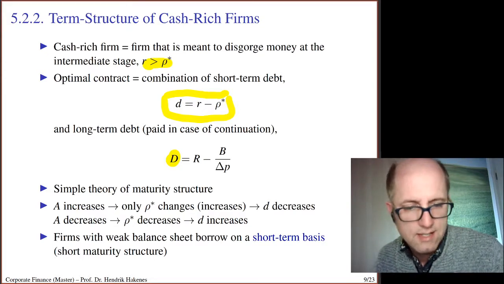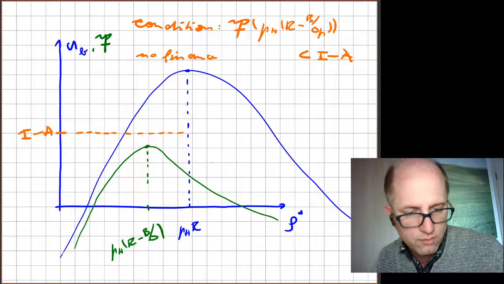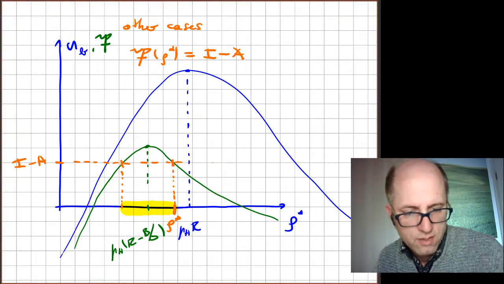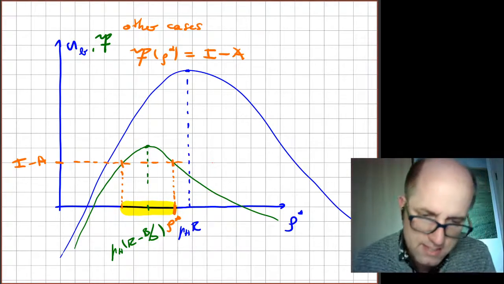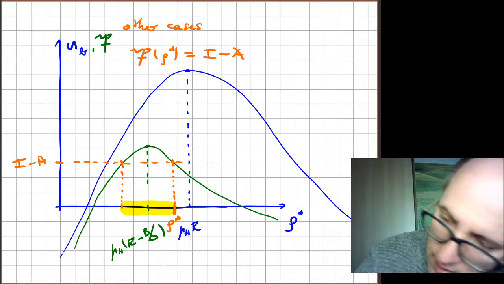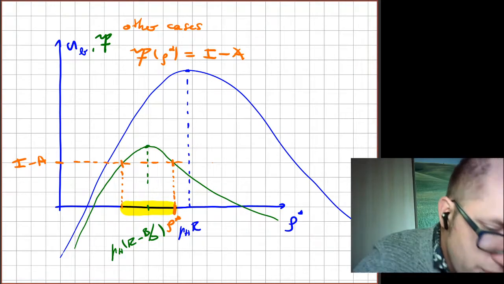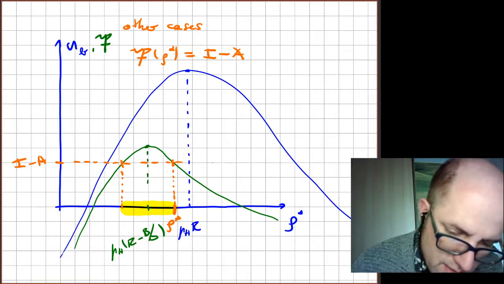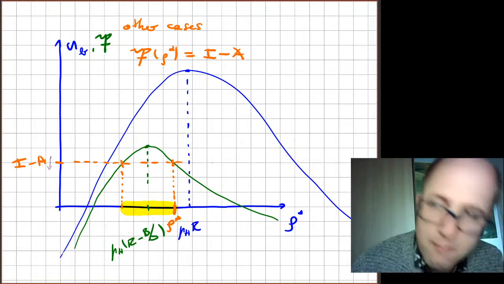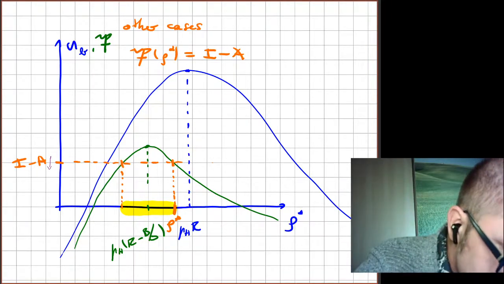But how is it hidden? Well, let's look at the picture. Let me go back. We are in this picture. Let me use a different color. I'm going to take purple and a very thin pen. So let's assume that A increases. This means that I minus A goes down. You can see the arrow, barely visible, but it's there.